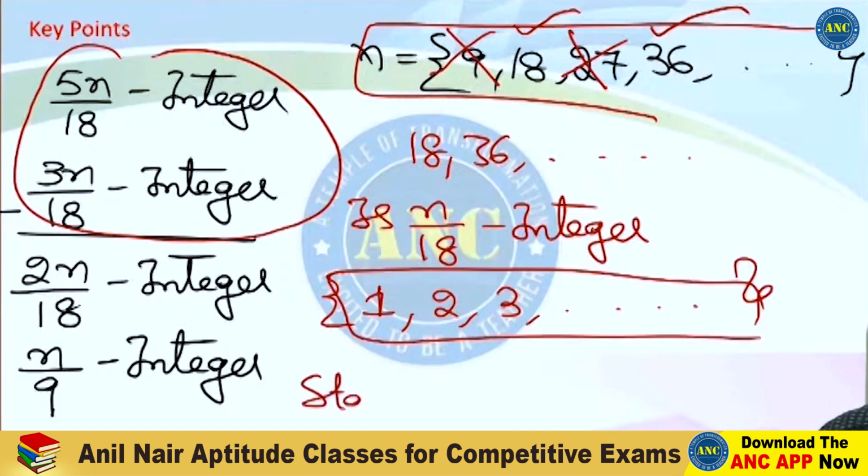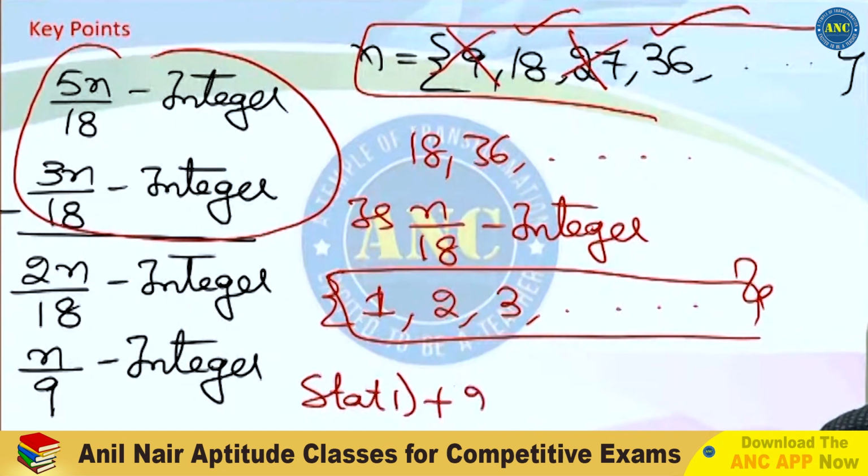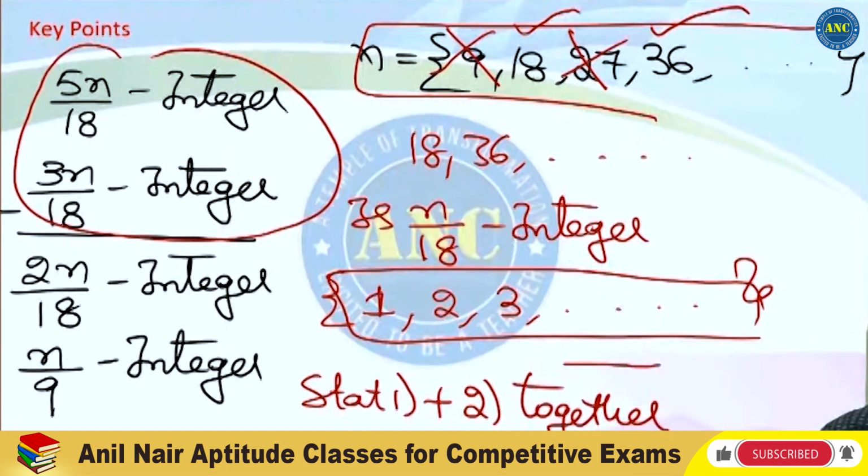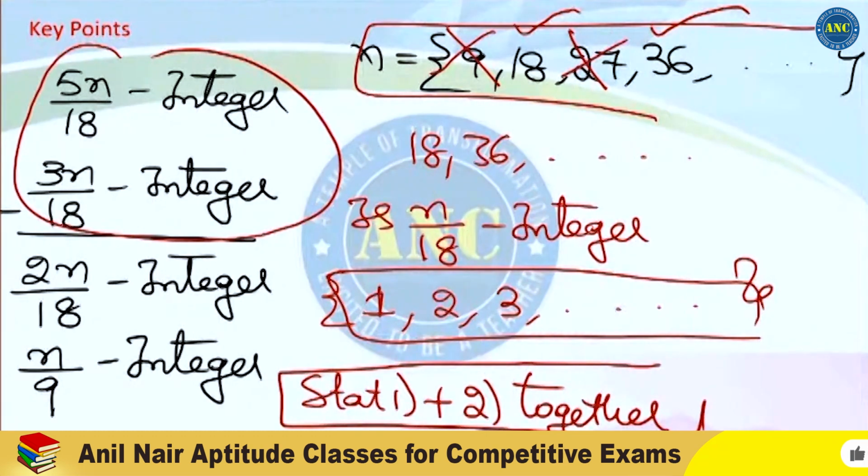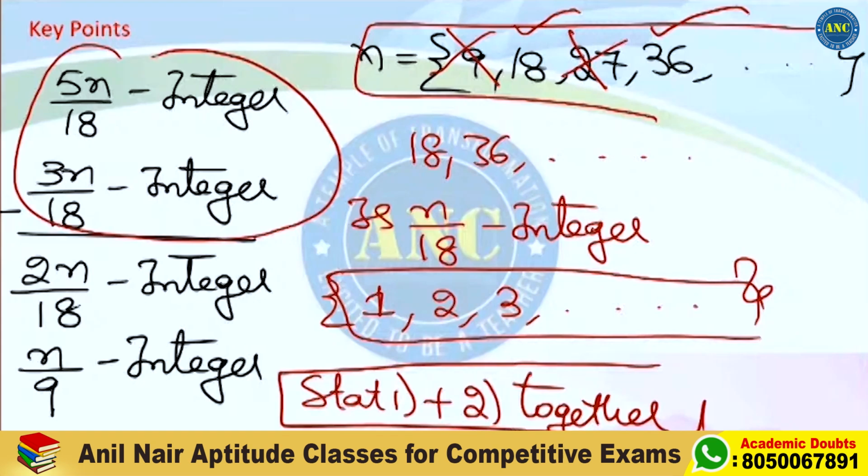So the answer for this question is statement 1 plus 2 together. Idea clear? Please ask. Rakesh, Karthik, I hope the idea is clear. Statement 1 plus statement 2 together.